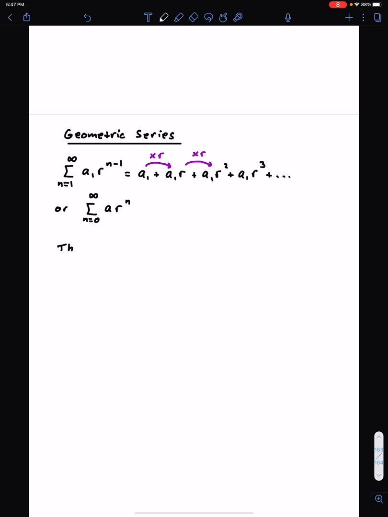Theorem: convergence of a geometric series.